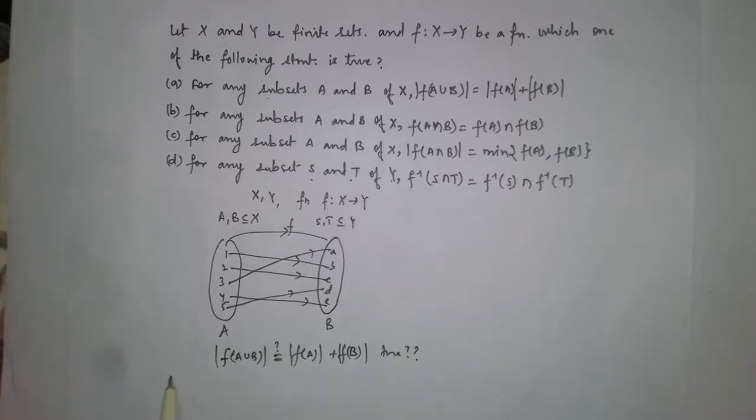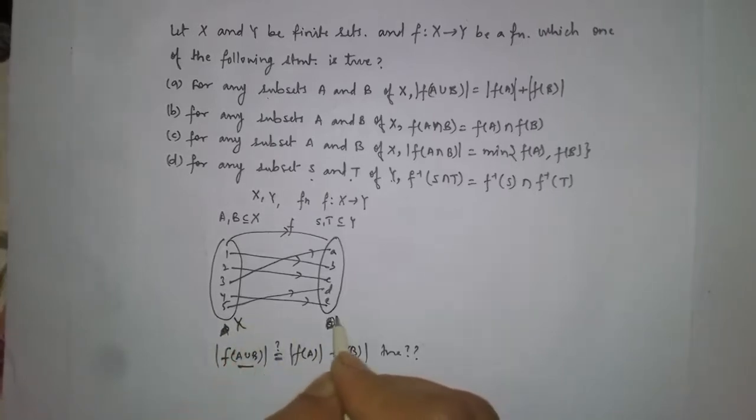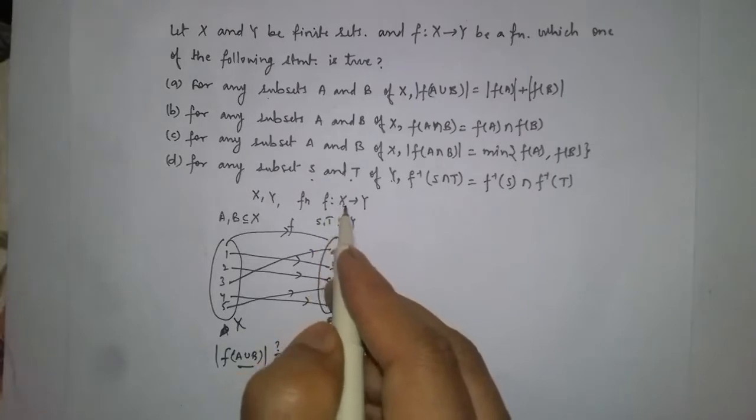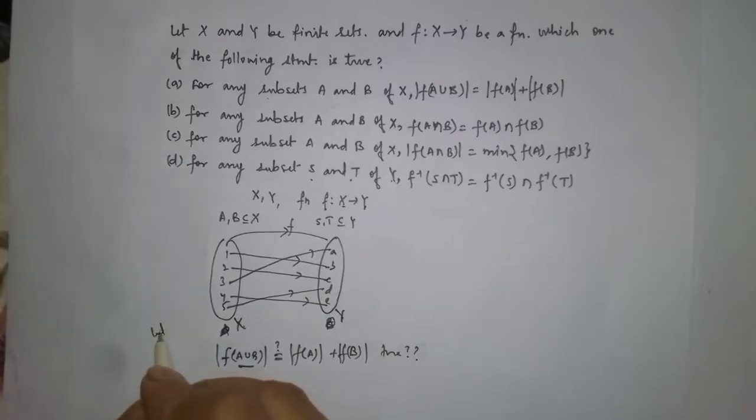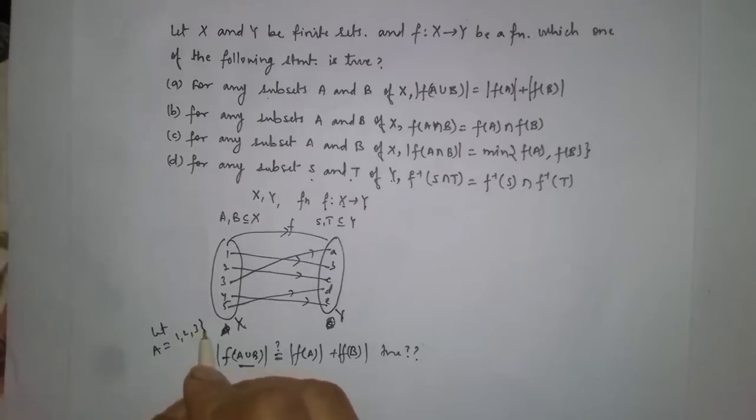Let's decide: this is set X and this is set Y, and the function is from X to Y. Now let's say that A is equal to {1, 2, 3} and B is equal to {4, 5}.